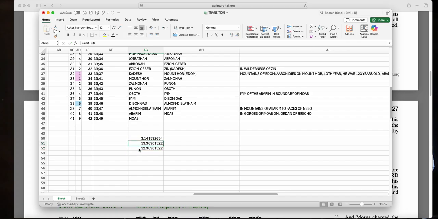So that's going to be our ratios right here of 13.36 and 12.36. And we know that that pattern of numbers is going to be equivalent to our number for Levi in the first census divided by 605,800 and multiplied by 360 degrees. We're going to see that's that first number that we find for Levi, and that's a similar pattern of numbers right here.